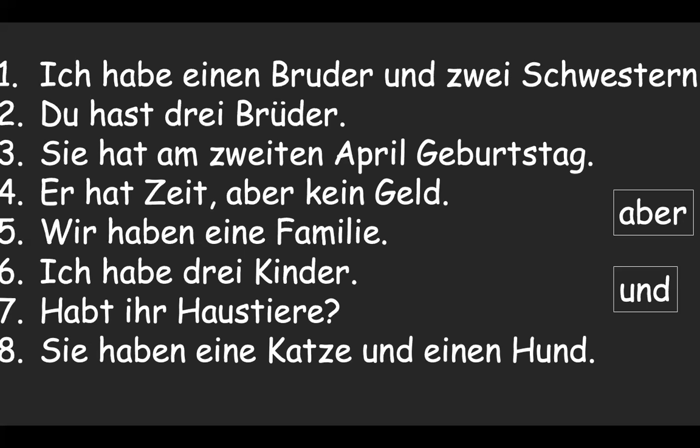The other thing you might be looking at are all these capital letters. So Bruder, Schwester, Geburtstag, Geld, Zeit, Familie, Kinder, Haustiere, Katze, Hund. They've all got capital letters because they're all nouns. And how do you know if it's a noun? Well, if you can put the or a in front of the word, then it's a noun. As you can see, the aber and the und again to remind you, but and.